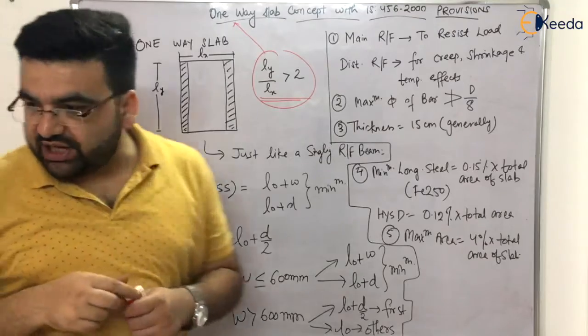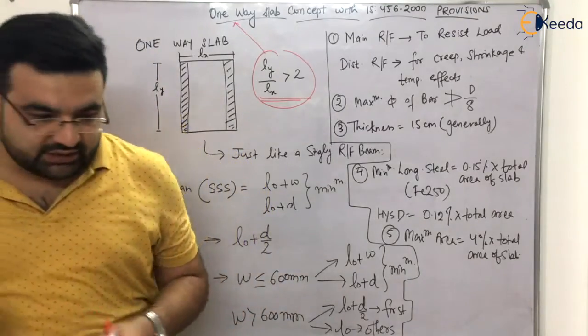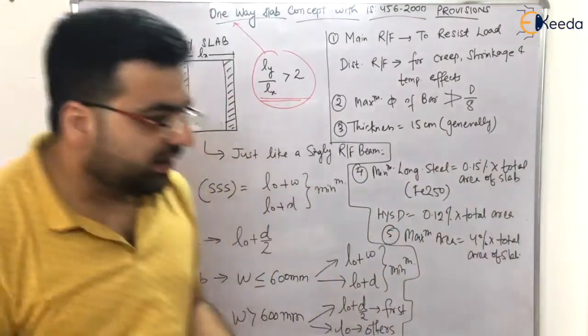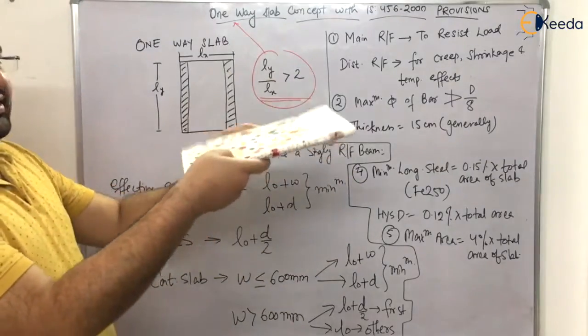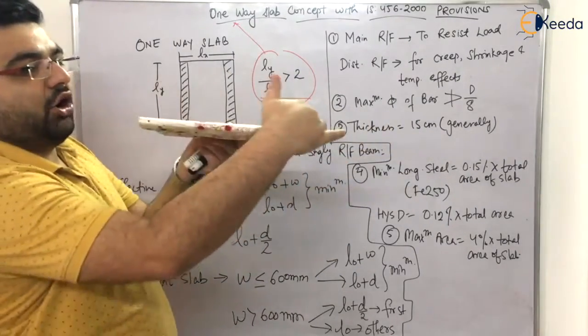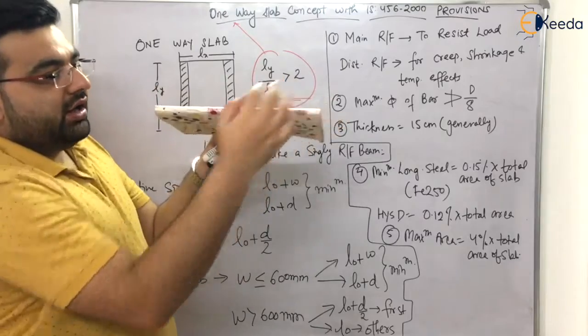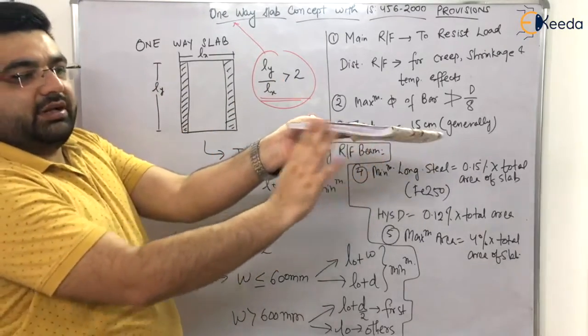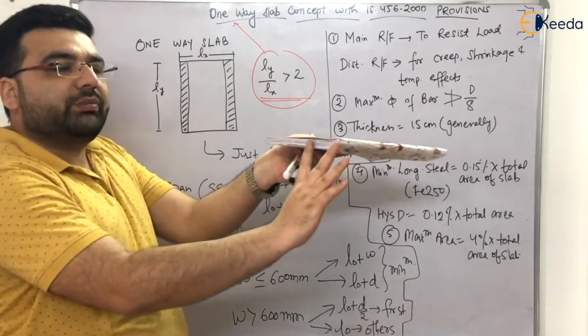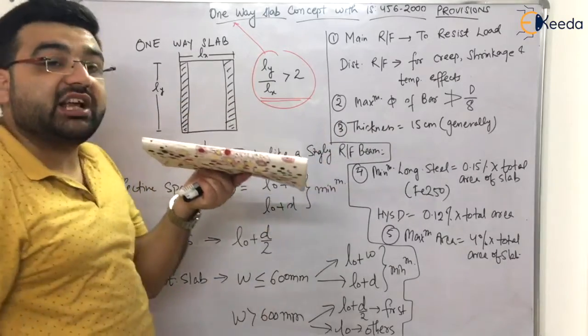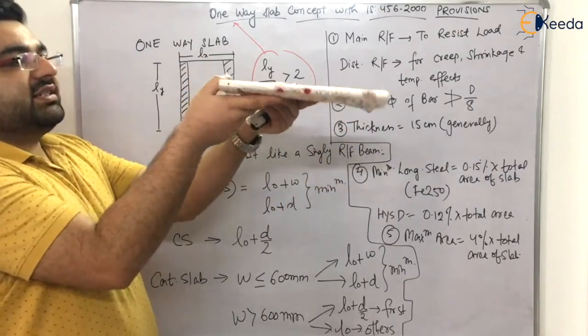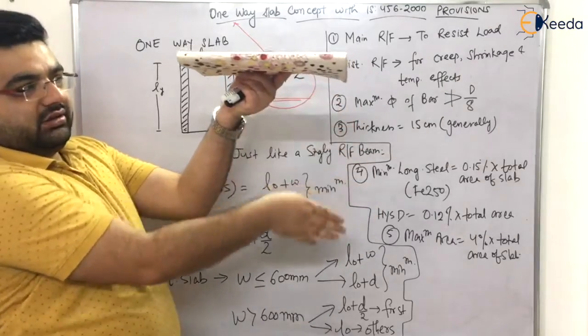For example, let me take this notebook. Let us say this is a notebook, and this is a hall, a long hall, and the width of the hall is not very much. Width of the hall is just, let us say, 2 meters, but the length of the hall is, let us say, 10 meters. So if this is a hall, these are the walls.